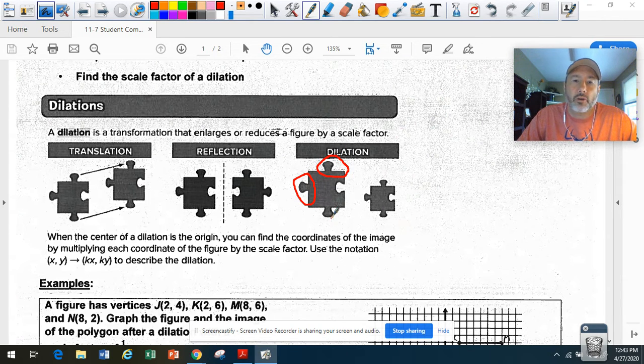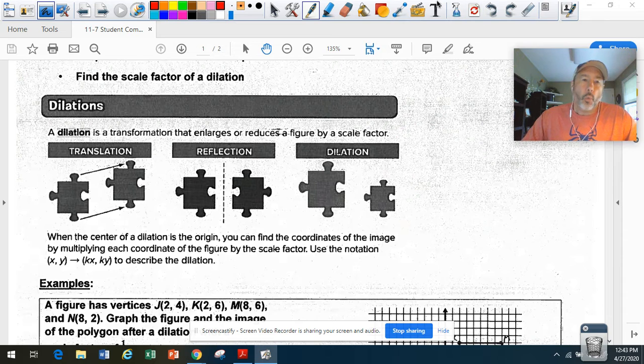We have to double that also. We have to double this. We have to double this. So we're doubling that whole entire thing. If we talk about enlarging, the object is going to get bigger. If we are dealing with reducing it, the object's going to get smaller. Okay, so that's going to be very important to understand.